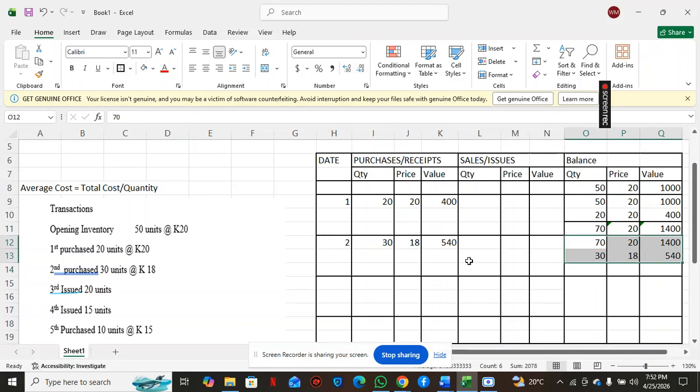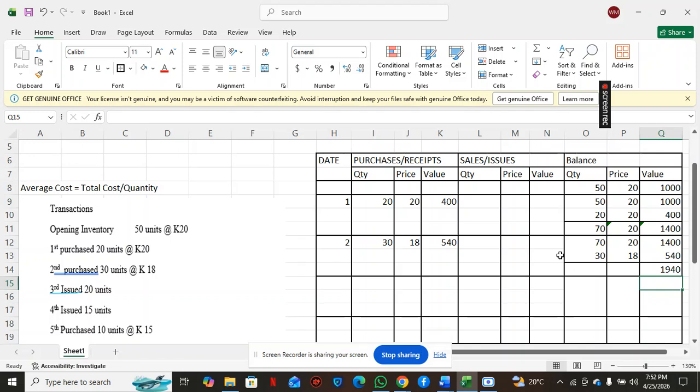So now we calculate the average cost. Our total cost of this inventory, 1,400 plus 540, is 1,940.